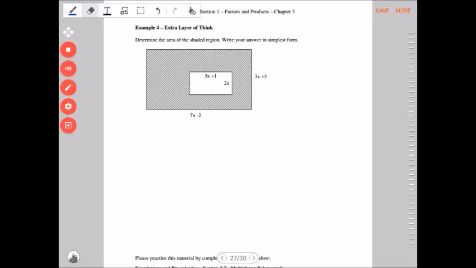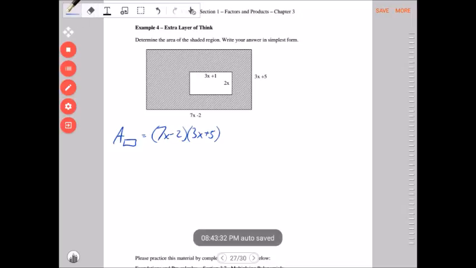All right, example 4, extra layer of think. Determine the area of the shaded region. Write your answer in the simplest form. So really all this is about, if I did not have this little box in here, if that shading just kept going, the area of the big rectangle would be 7x minus 2 times 3x plus 5. Perfect. Well, the thing is, though, the little rectangle is there.